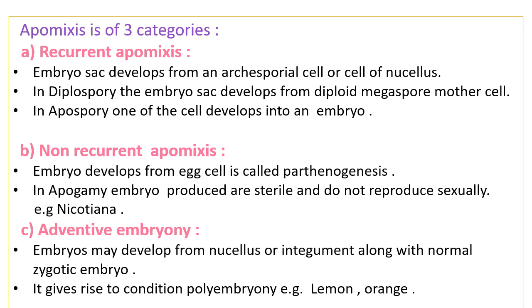So in some seeds, along with this zygotic embryo, other embryos may develop from the cells of nucellus or integument. So, as more than one embryos are produced inside the seed, this condition is called as polyembryony. Polyembryony is seen in plants like lemon and orange.